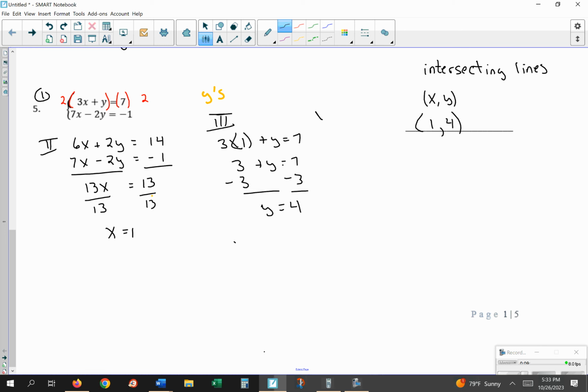And then step 4 is to do my check. Now, whatever equation I used in step 3, I need to use the other equation in step 4. I can't check back into the same equation that I just did work in. Let me erase that and make that a little better.